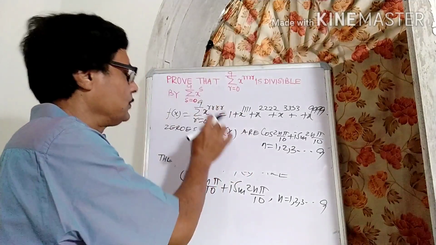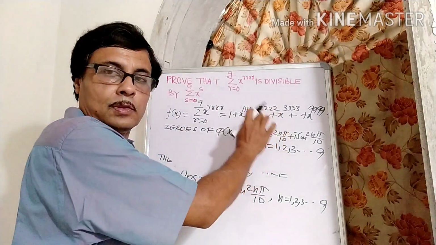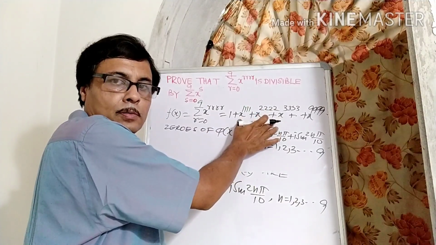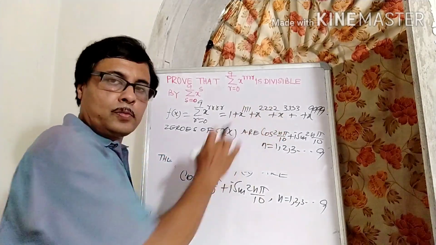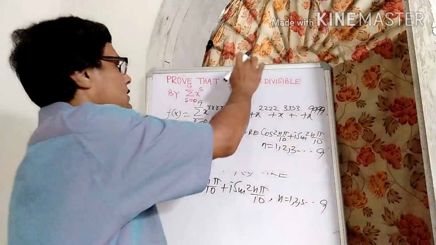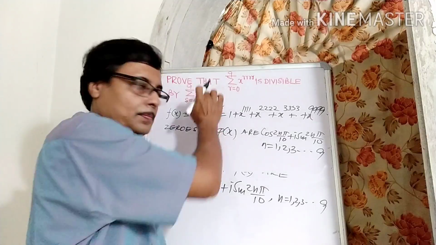We have to prove that these zeros belong to the set of zeros of this polynomial. If we prove it, then we can say this is divisible by this.